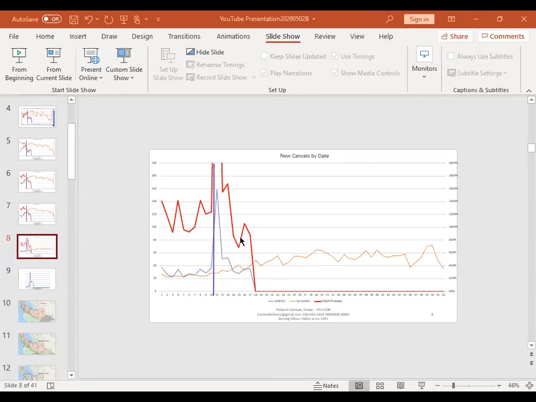The red line is the data for 2020 compared to the 5-year median. The gold line here is the 5-year median, and the 5 years I used were 2015 through 2019 to establish a base, because real estate is extremely cyclical.